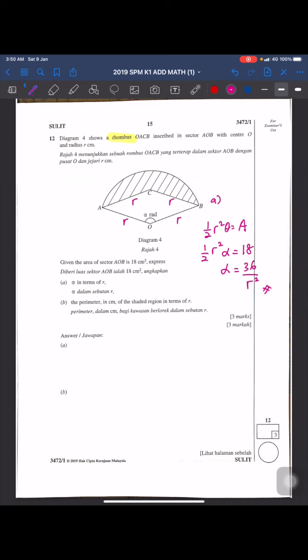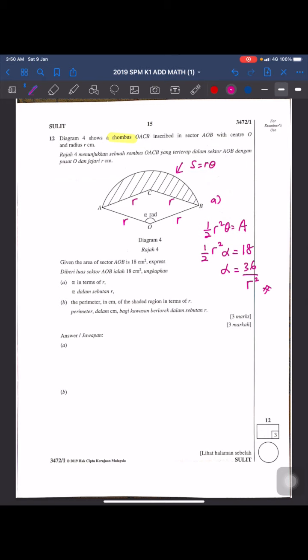Next B, perimeter in cm of the shaded region. So perimeter of shaded region. Kita tahu nak mencari panjang AB ni kita boleh gunakan rumus S equals to R theta kan.